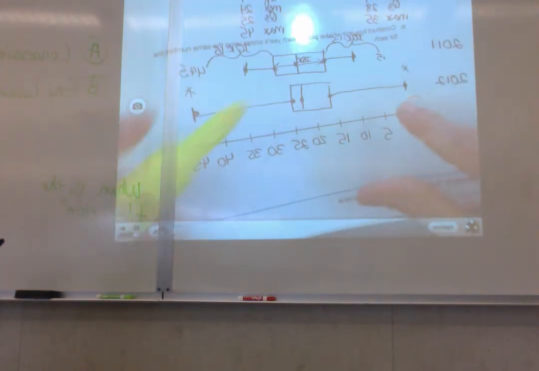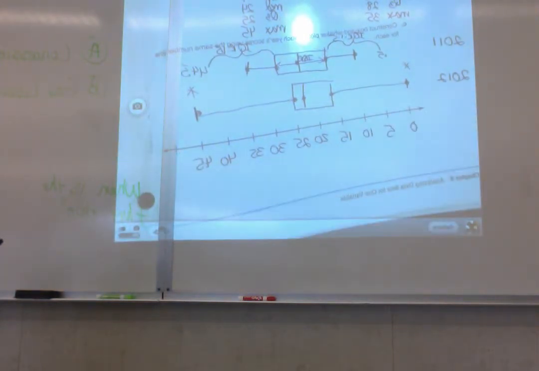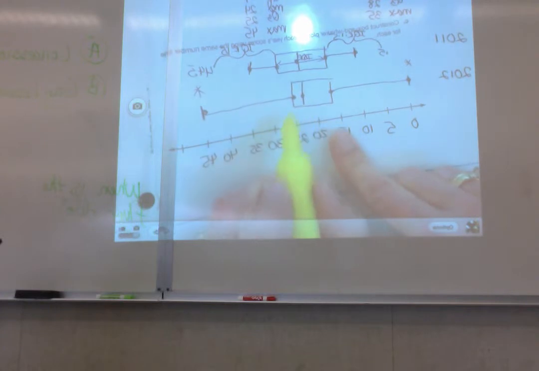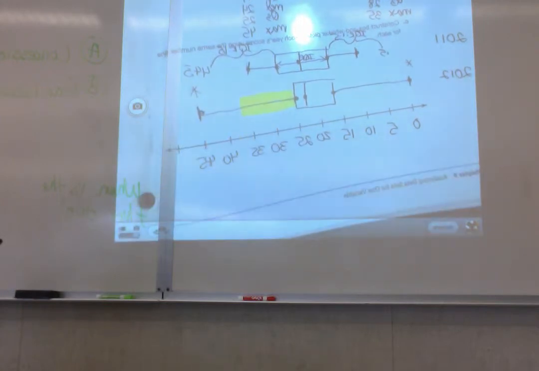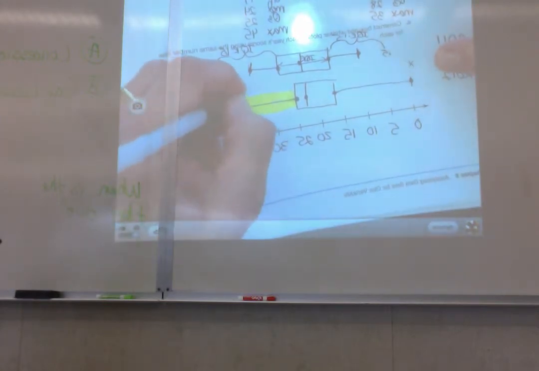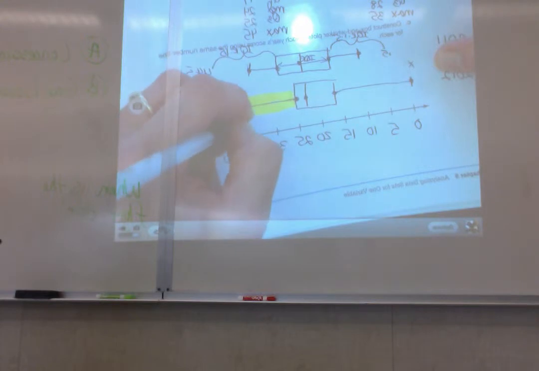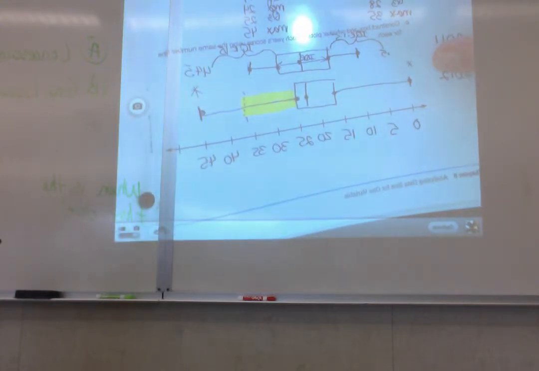So what did we have? 37? 37's right about here. What did we have for the edge of our lower fence? 5.